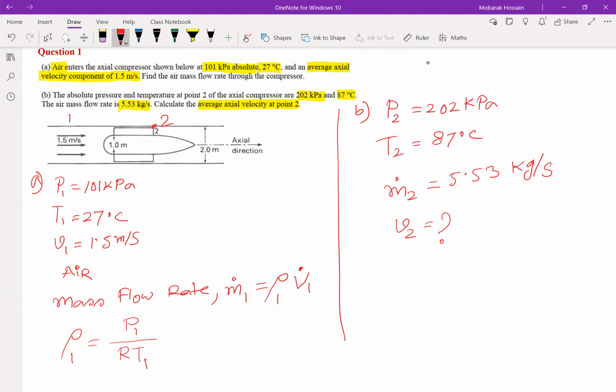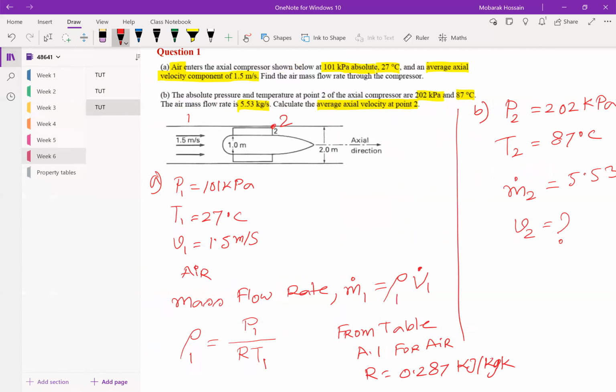We'll find R from property table A1: for air, R equals 0.287 kilojoule per kg Kelvin.